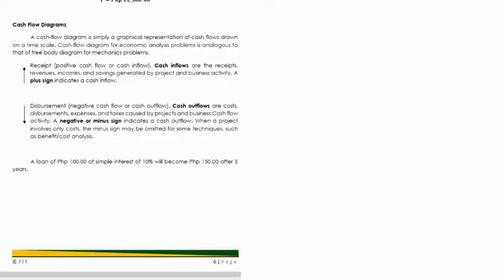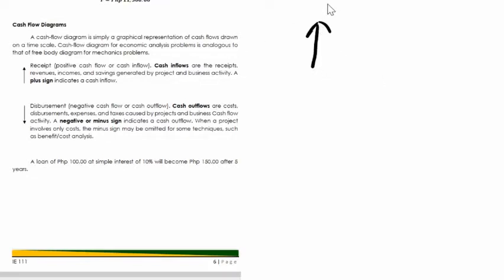So the upward direction of a cash flow diagram is what we call a receipt. So it is a positive cash flow or cash inflow.